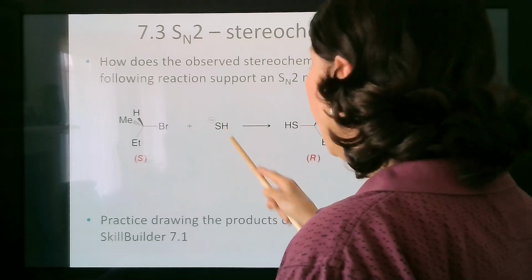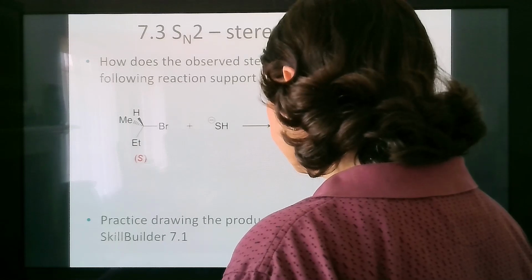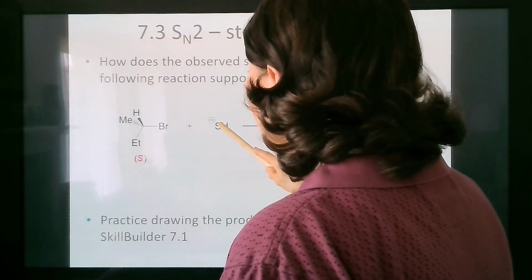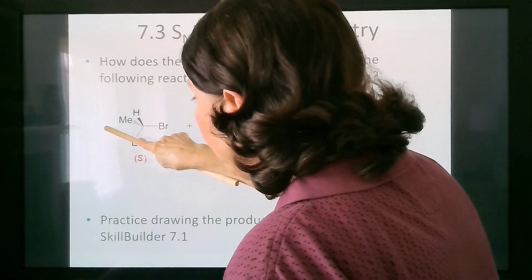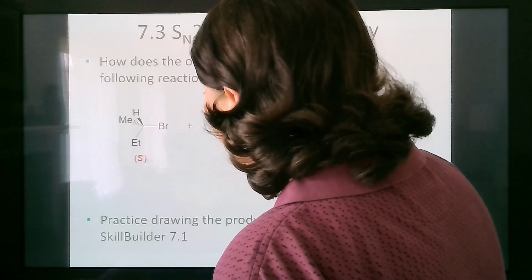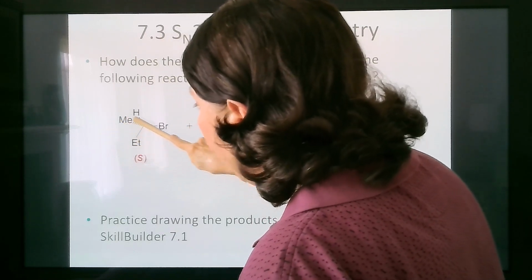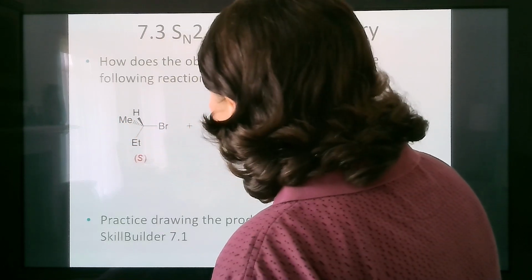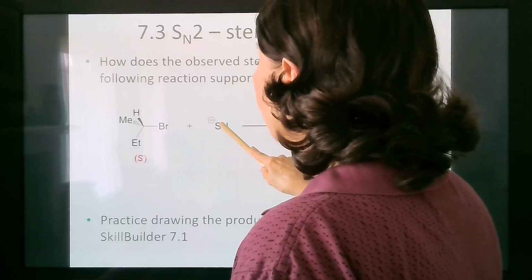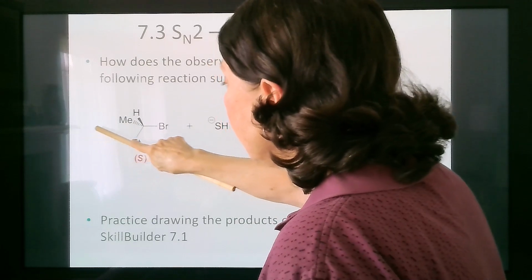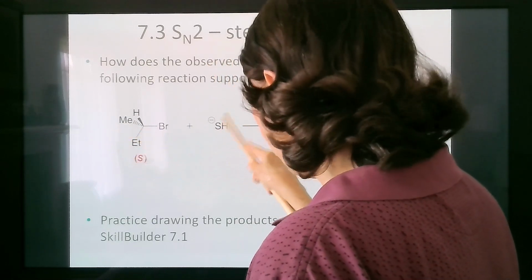So this hydrosulfide is actually going to attack from the back side. The pair of electrons on sulfur is going to need to occupy or start populating the antibonding orbital back here. So just in your mind, envision this hydrosulfide coming in from the back side, not over here.